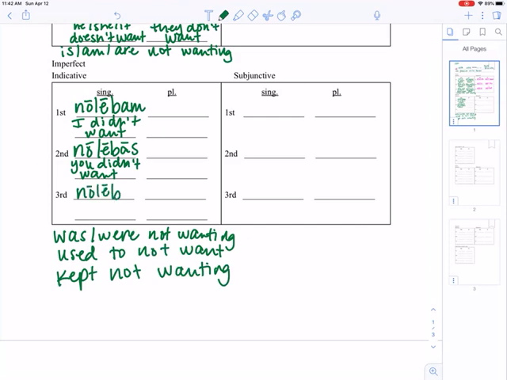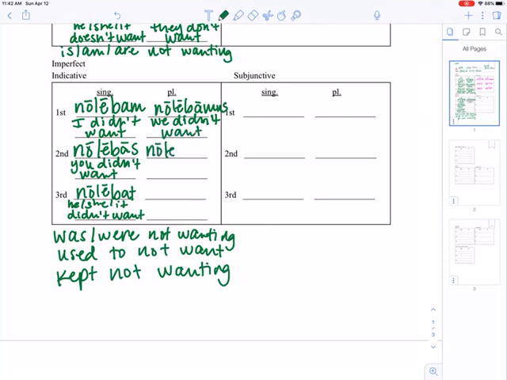Nōlēbat. Okay, only macrons over the O and the E here, and so this would be he, she, or it didn't want. Okay, over the first plural, we will have nōlēbāmus, and this is we didn't want.